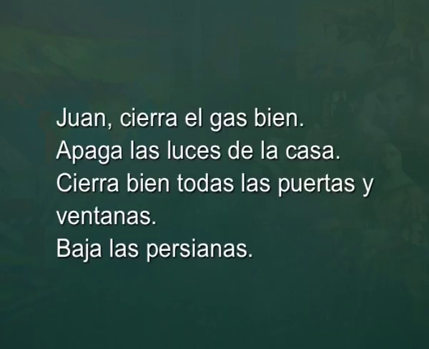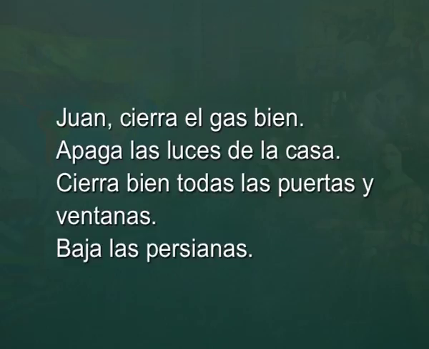Let us now look at the other verbs. Here are some advices Anand is giving to his friend Juan, who is going on a vacation, and Anand leaves a note for him. Juan, cierra el gas bien. Apaga las luces de la casa. Cierra bien todas las puertas y ventanas.